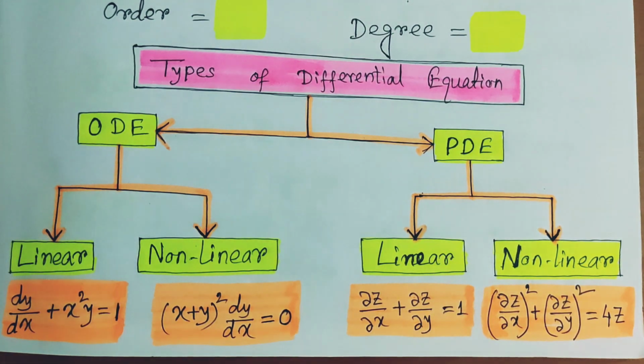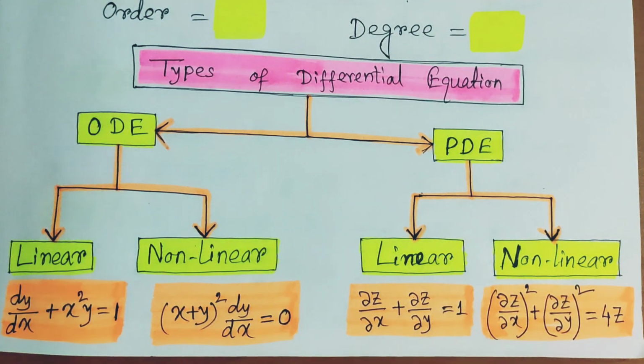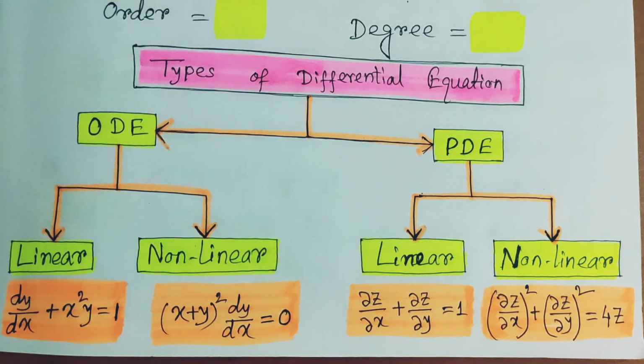So remember, in a differential equation the dependent variable is always one, whereas the independent variable may be one or more than one. If it is one, it is an ordinary differential equation. If the independent variables are more in number, it is a partial differential equation.